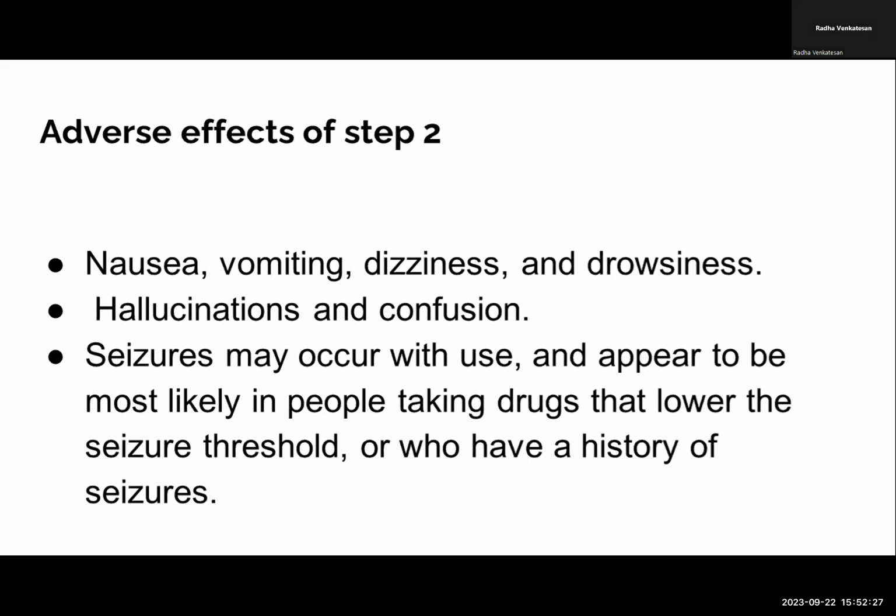So you have to use them carefully. Generally, if the seizure threshold is lowered by other drugs, and this drug also has that tendency, then the probability of patients having seizure as a side effect is there. So you have to keep that in mind when you're using this. Next slide, please.